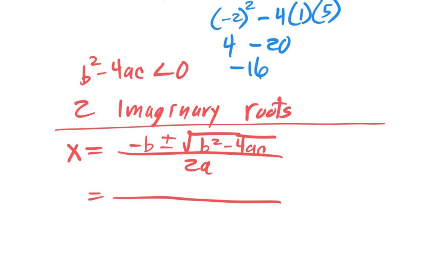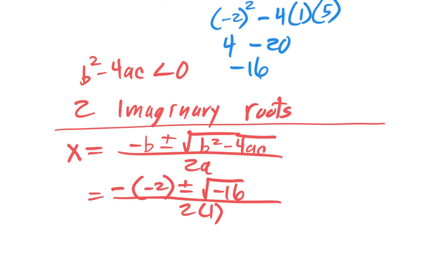So we know that b is negative 2. So I have a negative of negative 2. Make sure you separate that negative from the negative that b's value is. Plus or minus, I know that b squared minus 4ac is negative 16. All over 2 times 1, which is just 2.